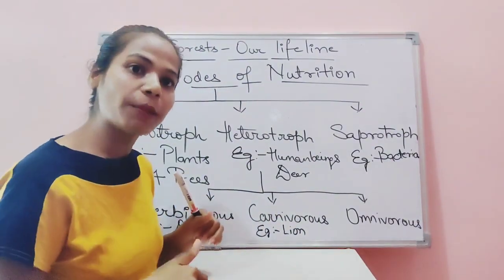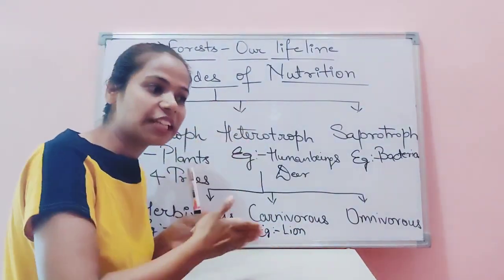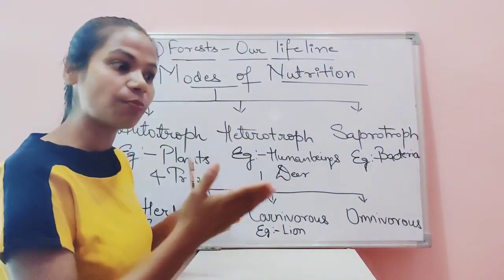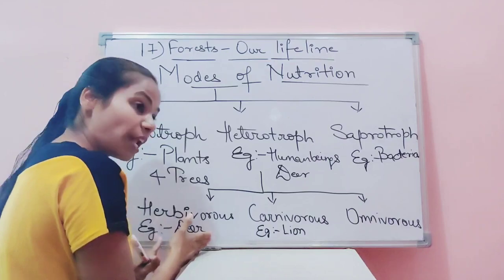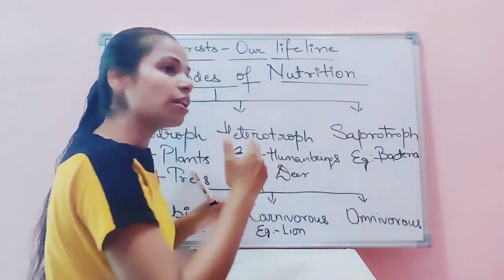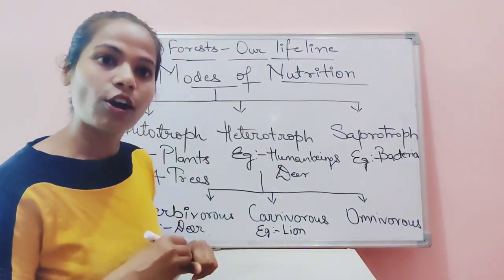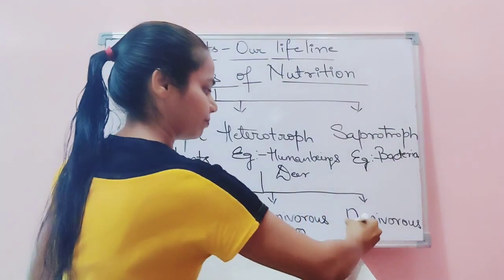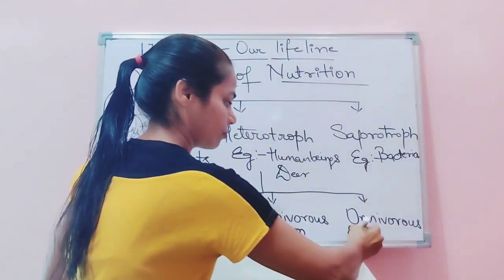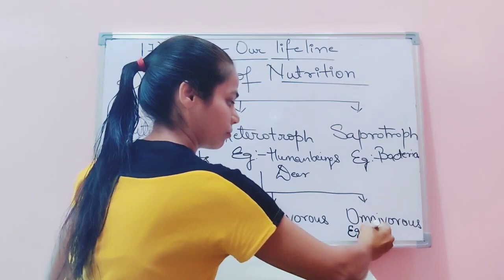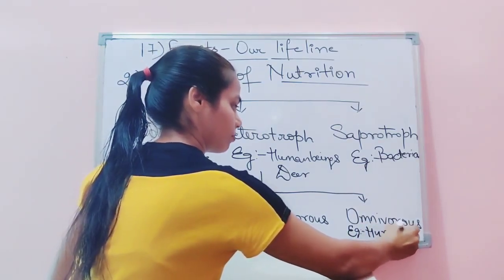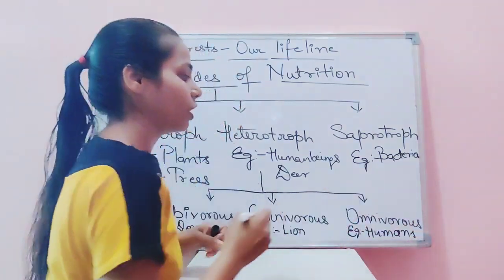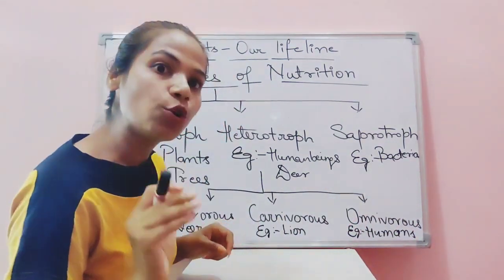Example, human beings. We are vegetarian as well as non-vegetarians, means we are dependent upon plants also, animals also for our intake of nutrients. So here the example will be humans.